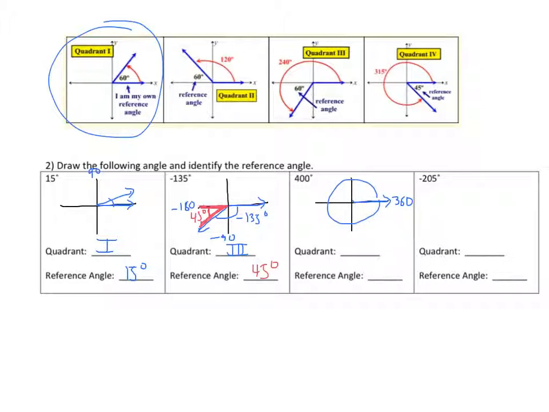But I'm going to go even further than that, another 40 degrees, so about to here. And I ended up in quadrant 1. But the reference angle is just going to be an acute angle formed by the terminal side and the x-axis, which is only going to be 40 degrees.